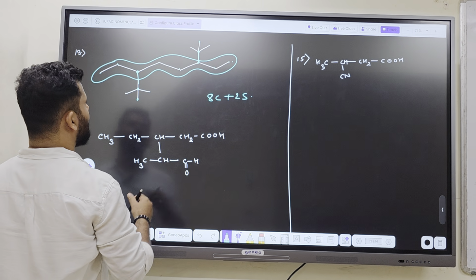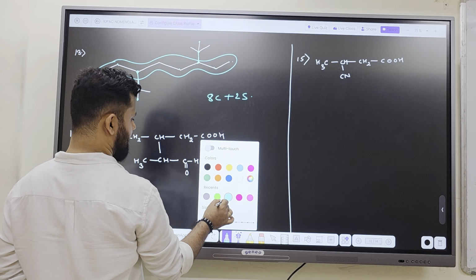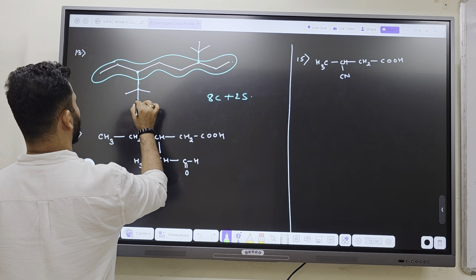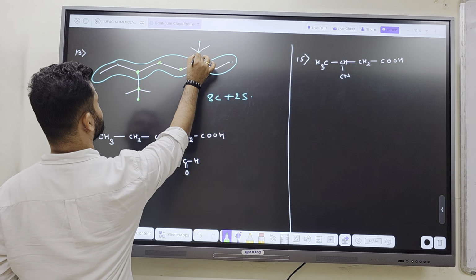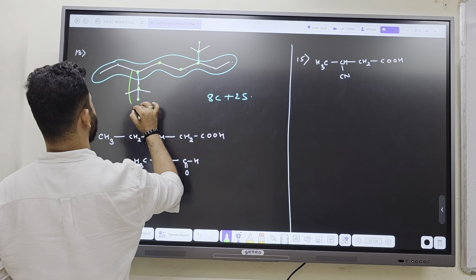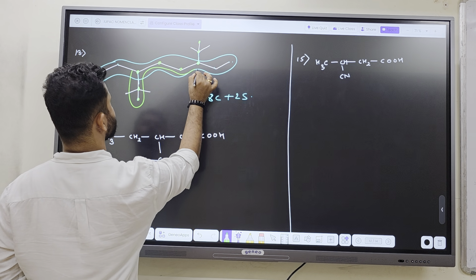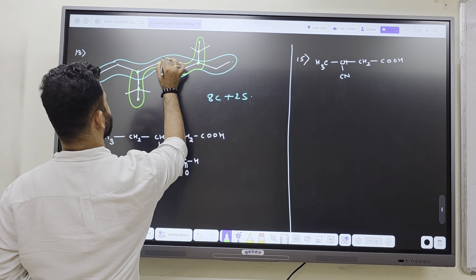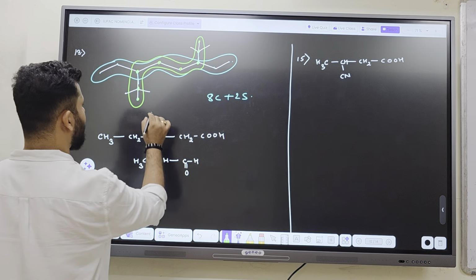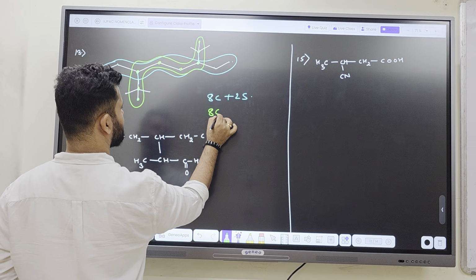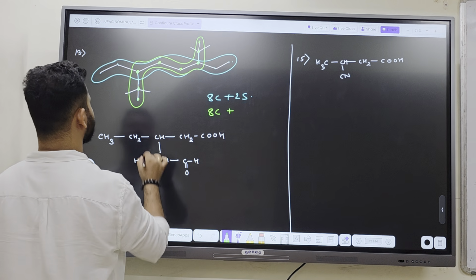However, if I select this path, check 1, 2, 3, 4, 5, 6, 7, 8. This way, I have 8 carbons plus how many substituents?